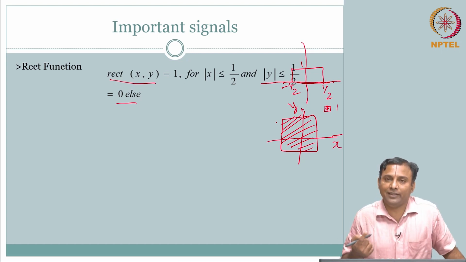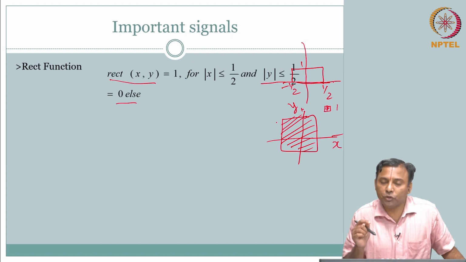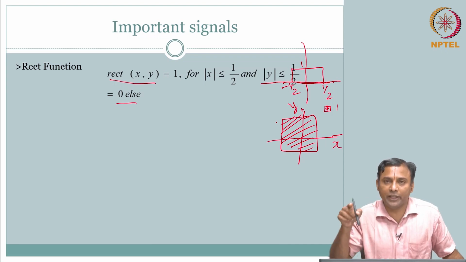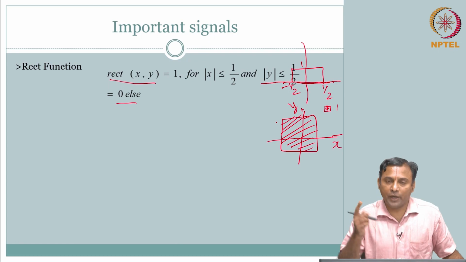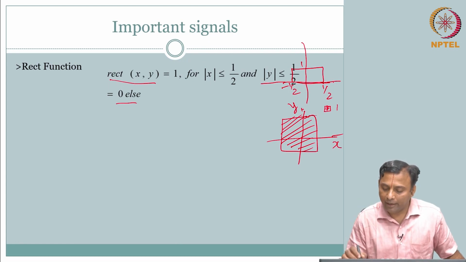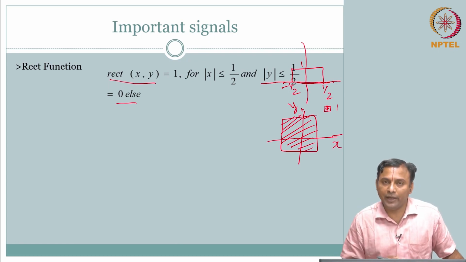By itself, the definition is there, but it is most useful to pick values of a function f of x comma y. You can pick the value of f of x comma y at any location, any point in that space using the delta function. Likewise, here instead of points, you can pick any area, unit area, from any location.